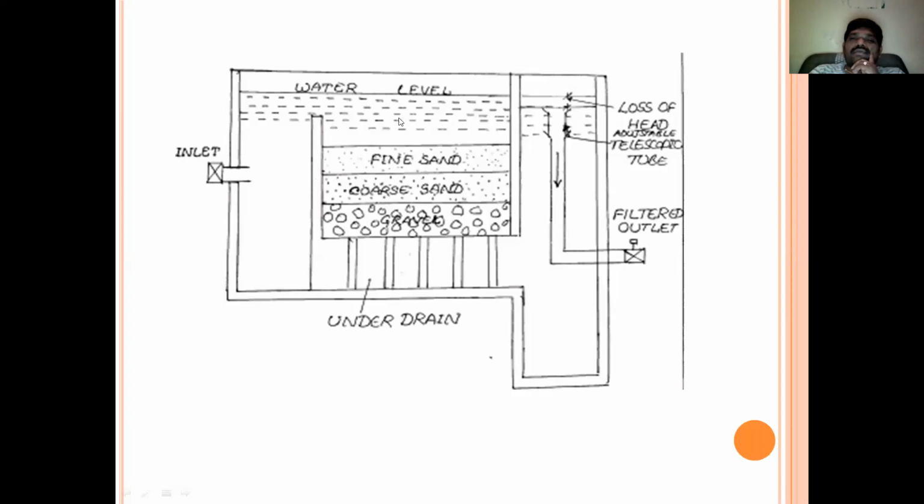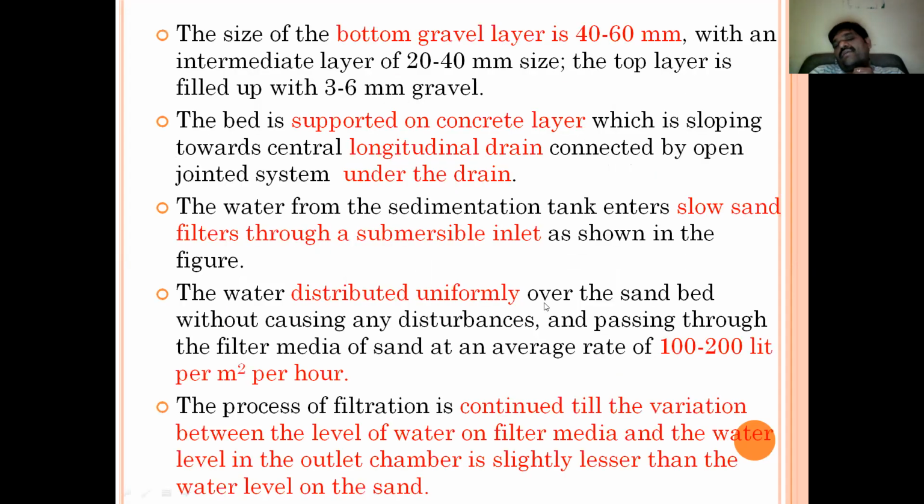See here, this is the water level. Fine sand, coarse sand, gravel or pebbles. And it is an under drain. The water which is filtering by passing all these zones enters into the outlet chamber.